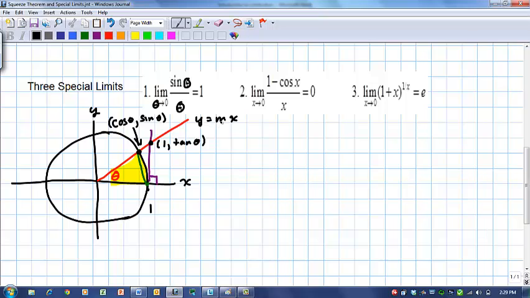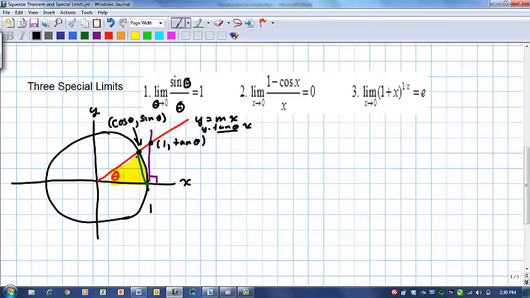The slope of this line is rise over run, or y over x. So since this point is on the line, y being the sine and x being the cosine, that means y over x is sine over cosine, which is tangent. So the slope of this line is actually the tangent of theta times x. So we know the x-coordinate of this point is 1 because we drew a perpendicular line here, and therefore the y-coordinate must be the tangent of theta.